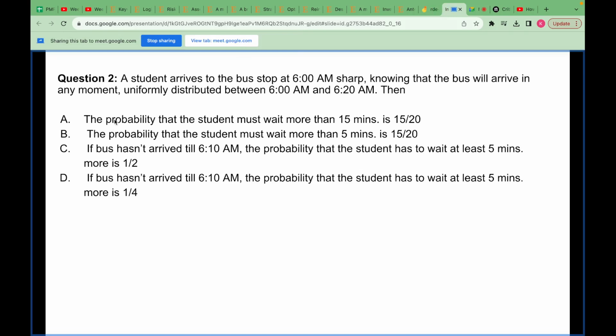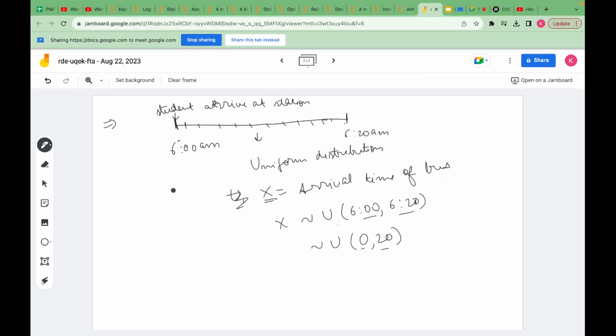First is the probability that the student must wait more than 15 minutes. Okay, so the student arrives at 6 a.m. The probability that the student should wait at least 15 minutes means that the bus arrives after 6:15 a.m. Okay, only then will the student wait at least 15 minutes.